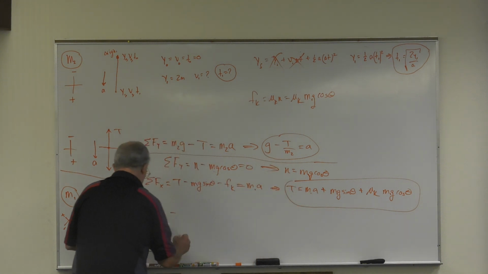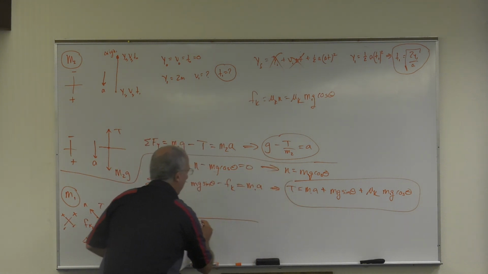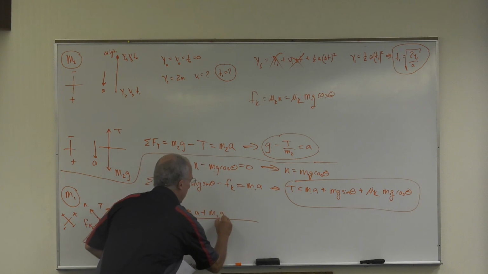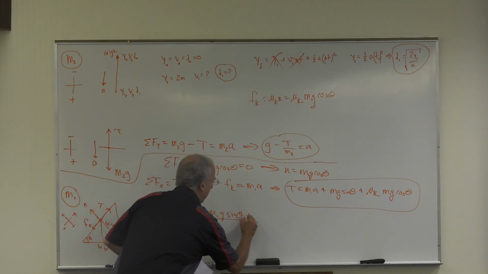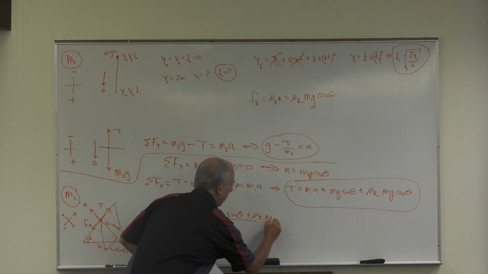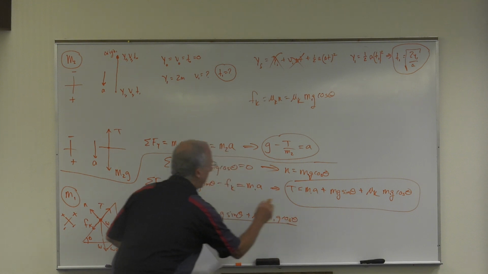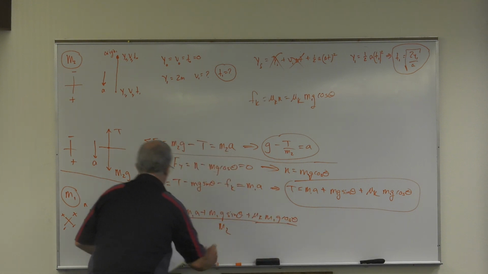So I have minus M1A plus M1G sine theta plus mu k M1G cos theta. That whole thing divided by M2.